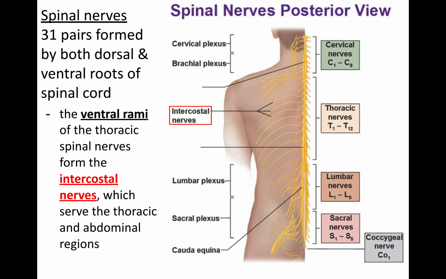While the ventral rami of, for instance, the thoracic spinal nerves form the intercostal nerves, which then serve the thoracic and abdominal regions. Intercostal means your rib cage area. So all the rami in this section of your spine, the chest area, control the front side, your abdomen and belly, thoracic belly areas in the front side of your body.